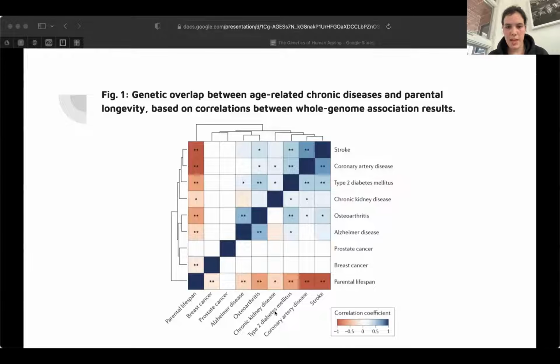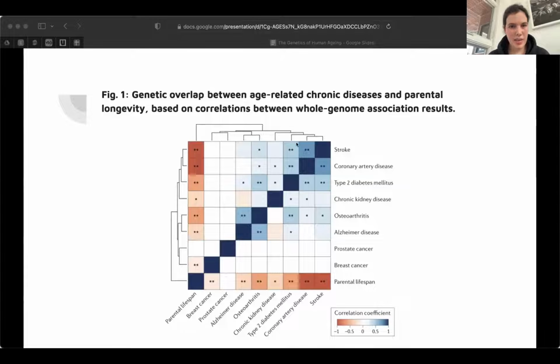So you can see, for example, chronic kidney disease has a double asterisk, which indicates that it was statistically significant through a Bonferroni correction, whereas a single asterisk just follows the standard significance threshold set at a p-value of 0.05.